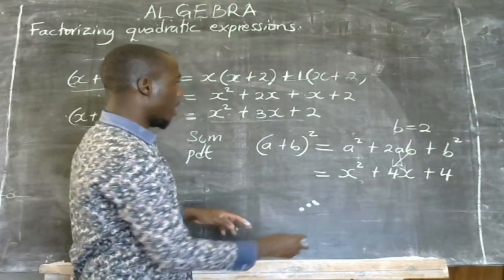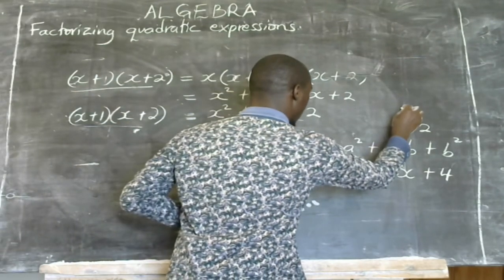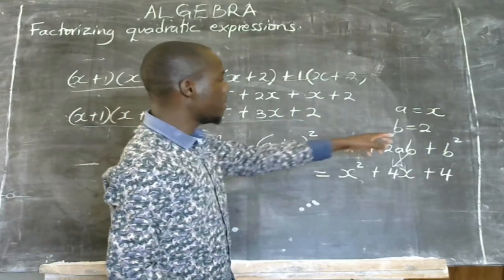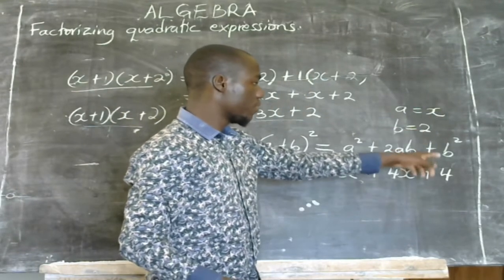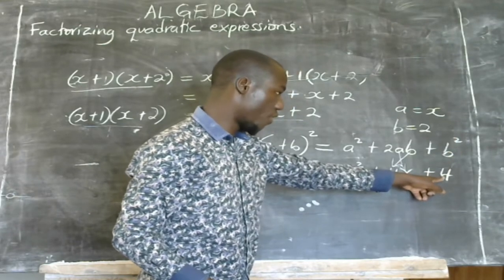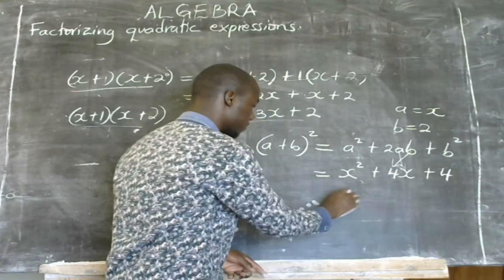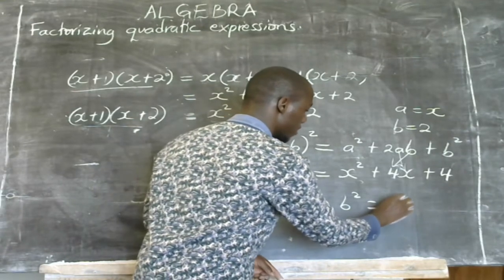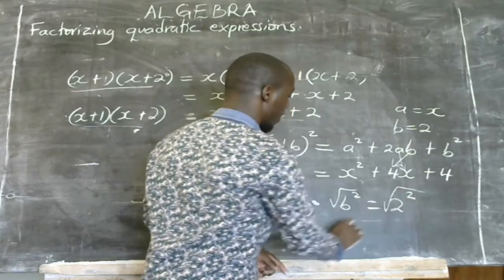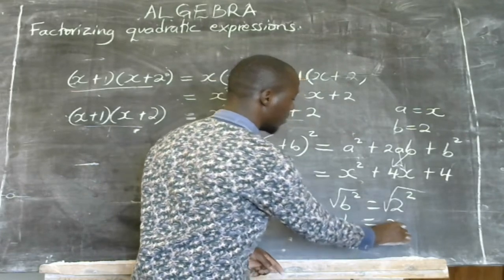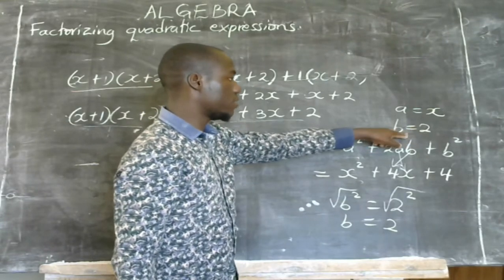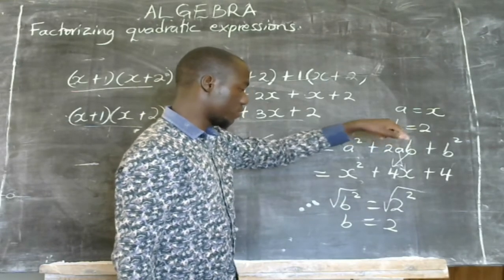So I've identified my a as x, then my b as 2. The b squared there gave you the 4, which means b squared should be the same as 2 squared. When you take the root of both sides, you have b as 2, which is just the b I talked about there.